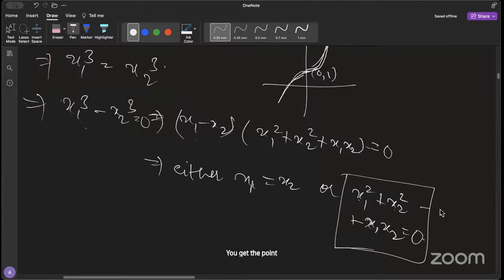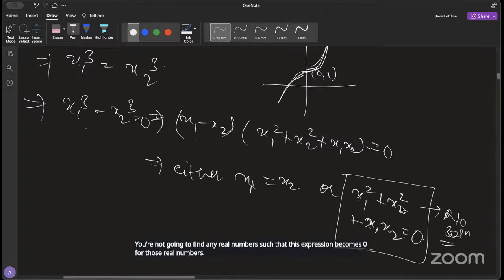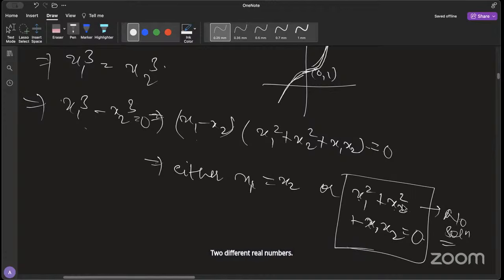Which is true. You are not going to find any real numbers, two different real numbers, or even the same ones, such that this expression becomes 0. Even if they're the same, you're not going to get this expression 0, which is why this is 1, 1.